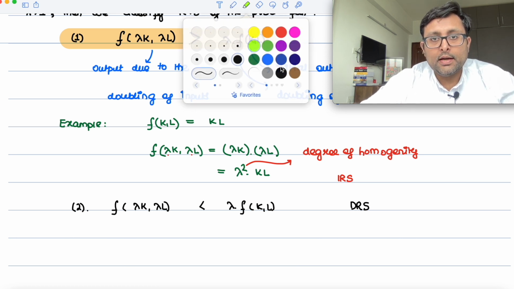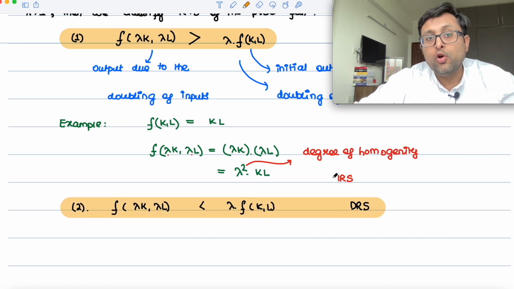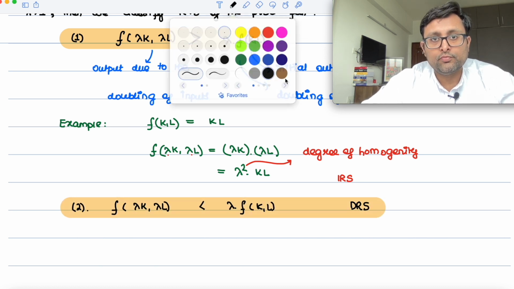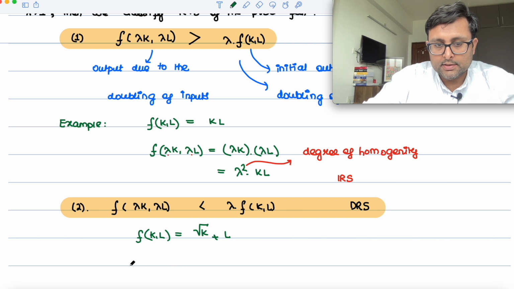So, for example, now I'll give you one example of a non-homogeneous function. Let's say you have the function f of kl is equal to root of k plus l, like this. So what you do, you increase k and l by lambda.